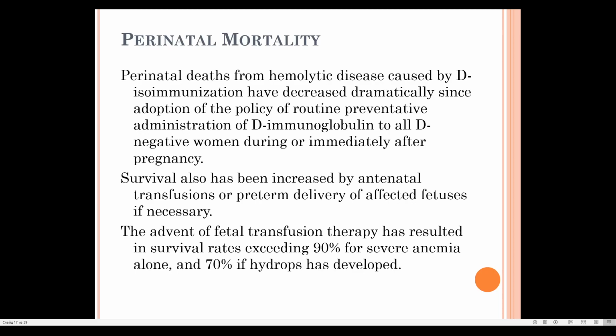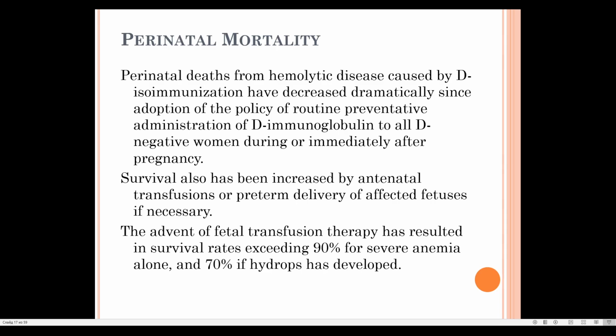Perinatal mortality. Perinatal deaths from hemolytic disease caused by D-isoimmunization have decreased dramatically since adoption of the policy of routine preventative administration of D-immunoglobulin to all D-negative women during or immediately after pregnancy.